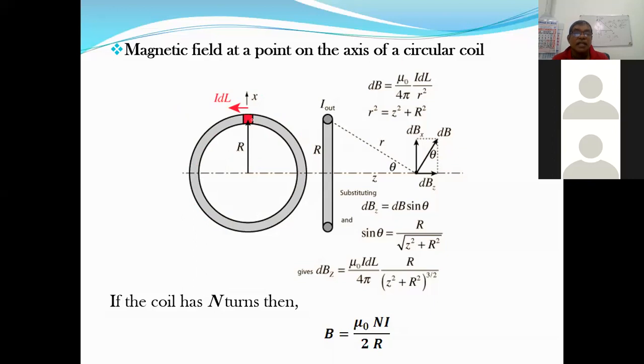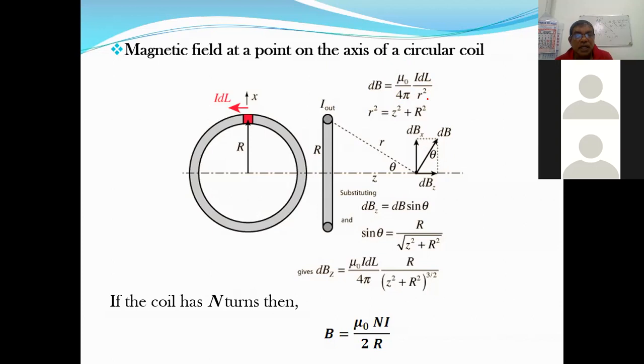There we are selecting the dl, the small element. So we can apply that due to this dB, the magnetic field, that is equal to mu naught divided by 4 pi, I delta L over r squared.